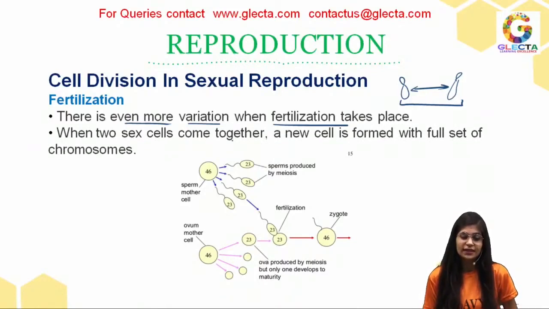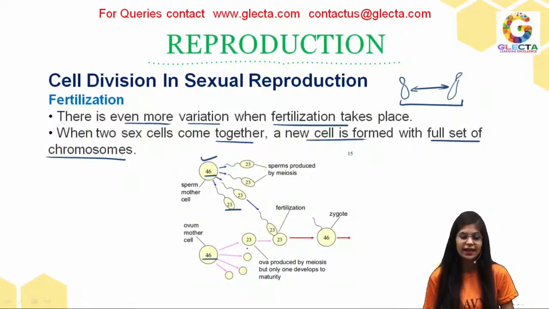So the two sex cells come together, and a new cell is formed with the full set of chromosomes. If you look at the diagram, this is a male body, the father's body, say it has 46 chromosomes. The sperm each will have only 23 chromosomes. Similarly, this is the mother's body. The mother cell of the ovum has 46 chromosomes, which means a normal cell.